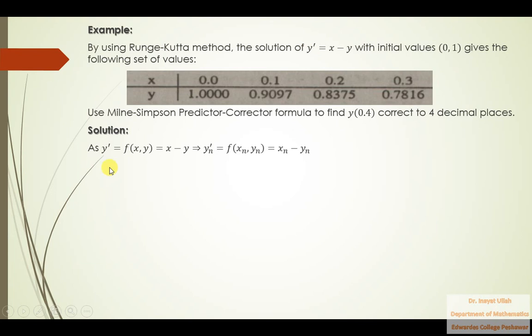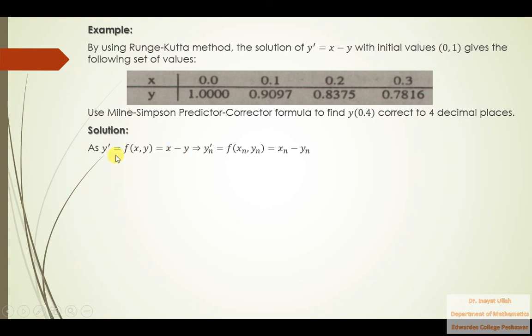The differential equation is given to you, y prime, which is always denoted by a function of x comma y, and that is given to you as x minus y. So the function of x comma y is x minus y.